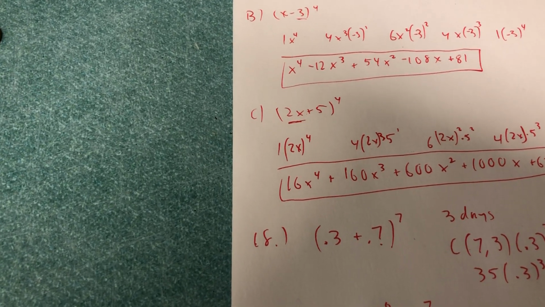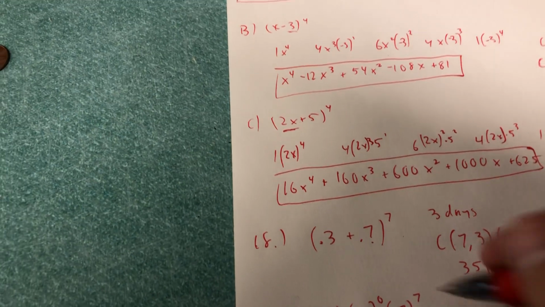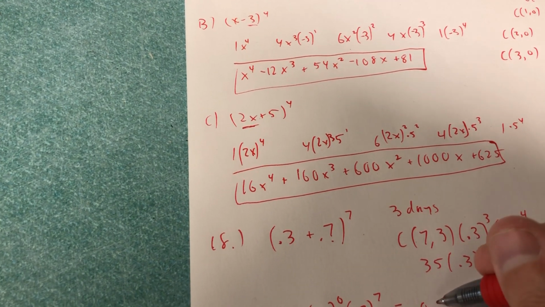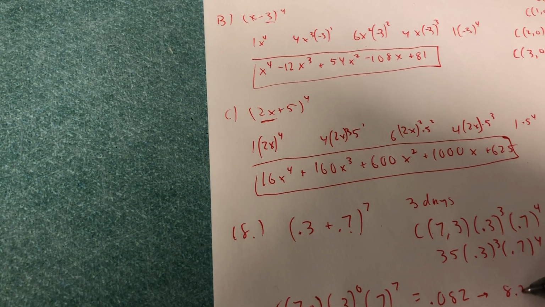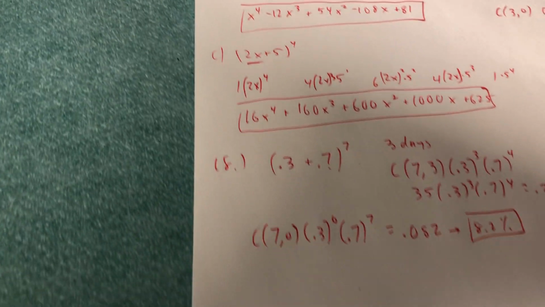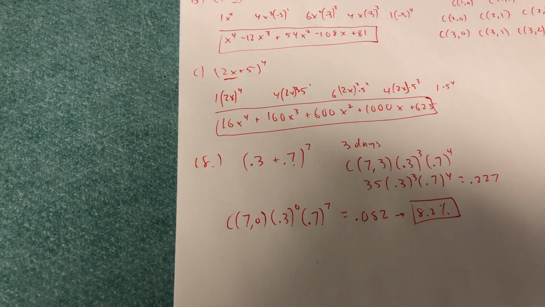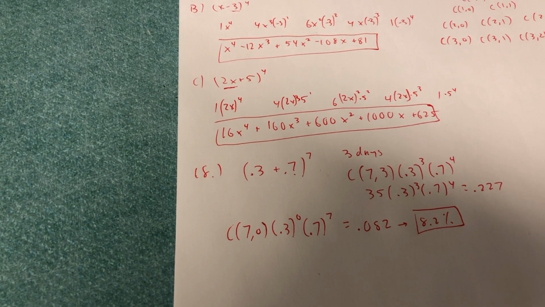And so if you work that out, you're going to end up getting 0.0823. I'm going to write that as about 8.2% chance of that happening. Didn't actually say what to round to, but I think that's appropriate in this problem.